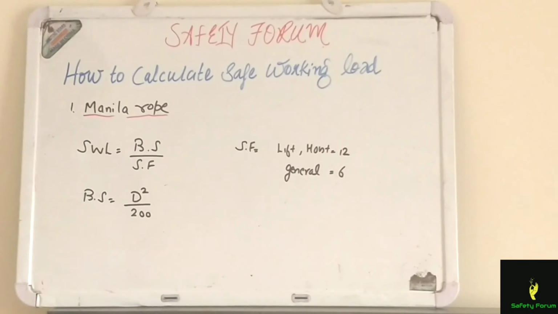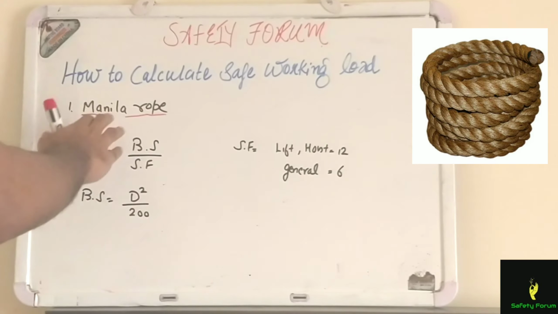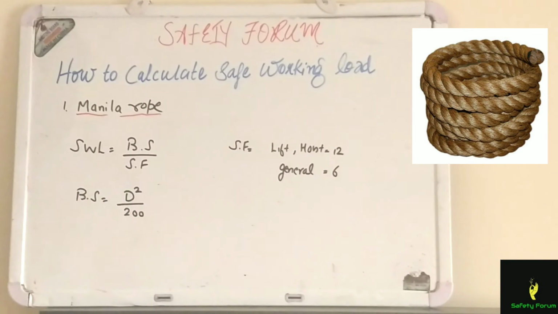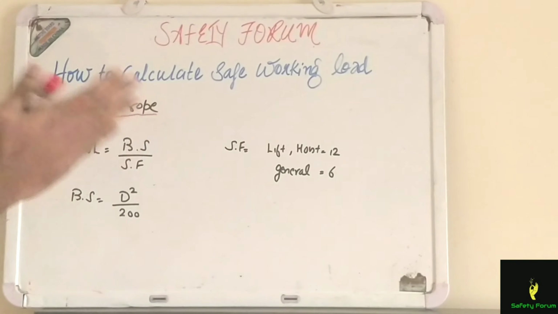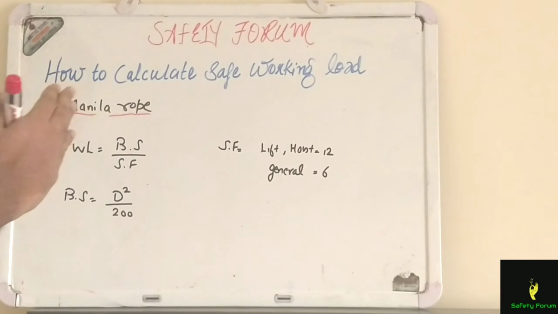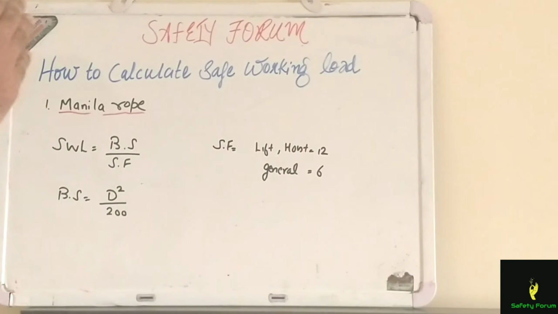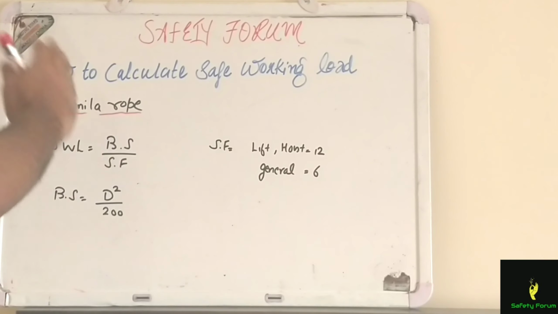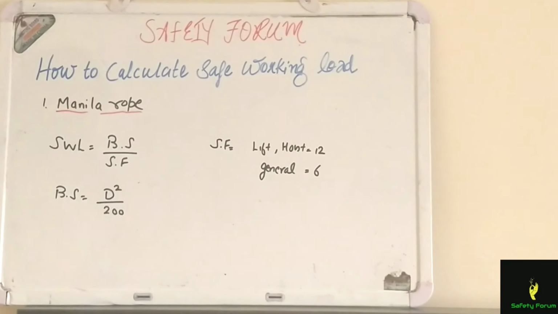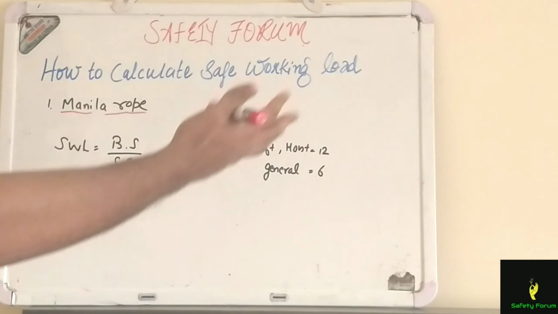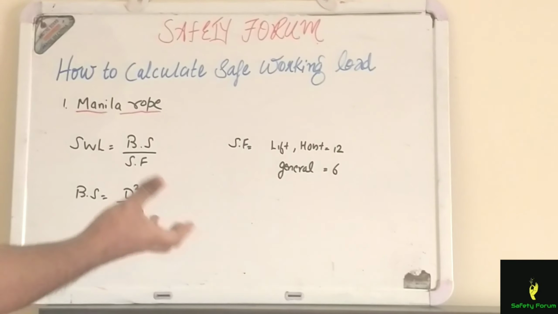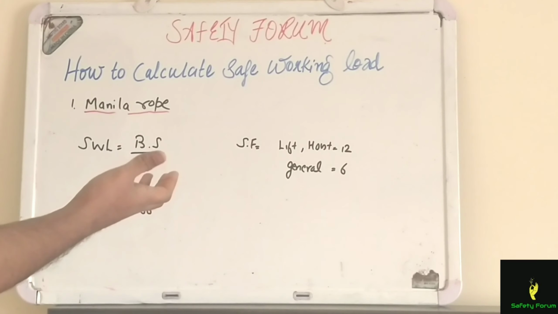So friends, now we'll see how to calculate the safe working load for the manila rope, which is commonly used in companies. For manila rope, and for polyethylene and polypropylene ropes, the formula will be different. We'll be using a common formula: safe working load is calculated using the breaking strength and the safety factor. So what is breaking strength?